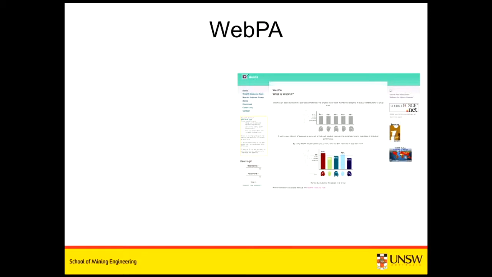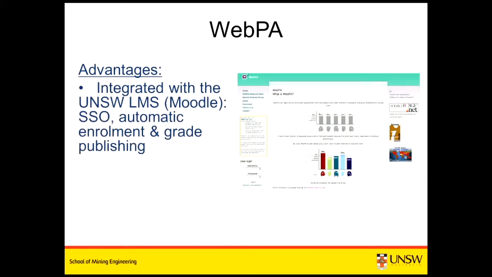That's why we decided to trial this new system called WebPA. This is open source software developed in the UK, and it does a very similar thing. They're both doing the same thing, but the advantage we thought was that it's integrated.